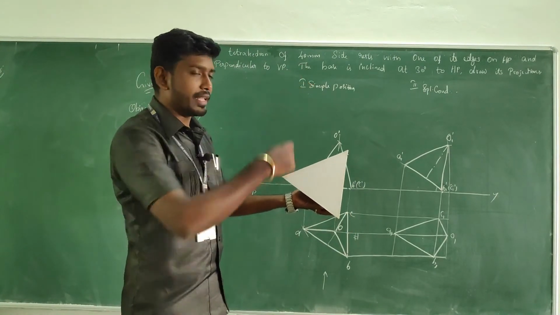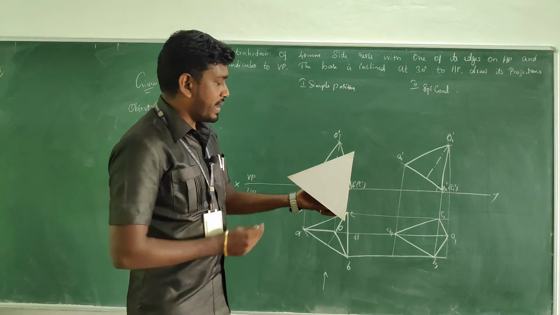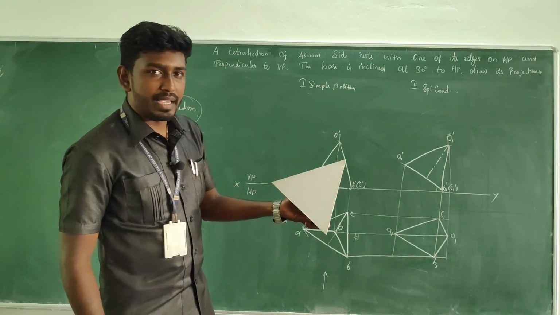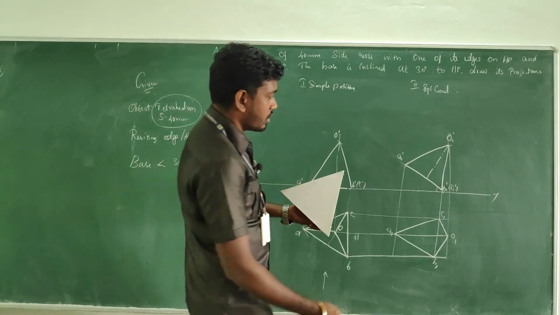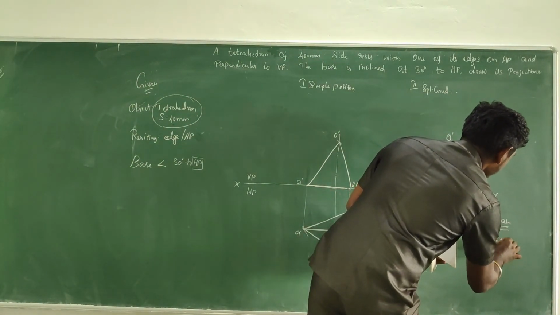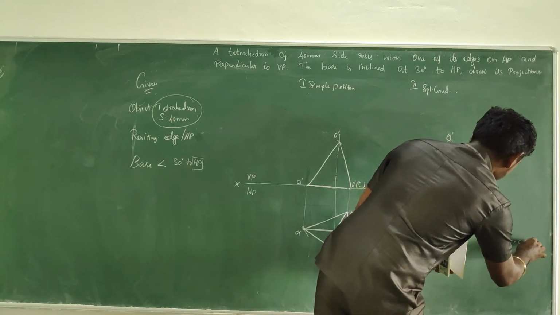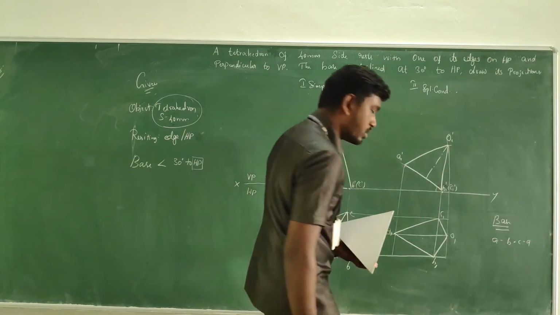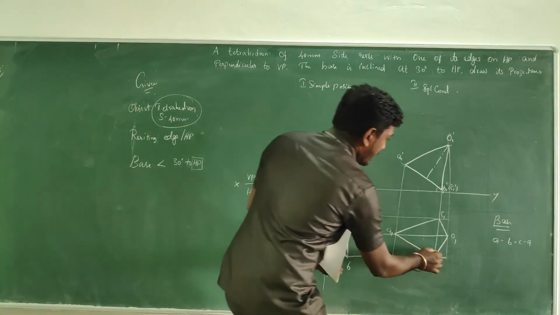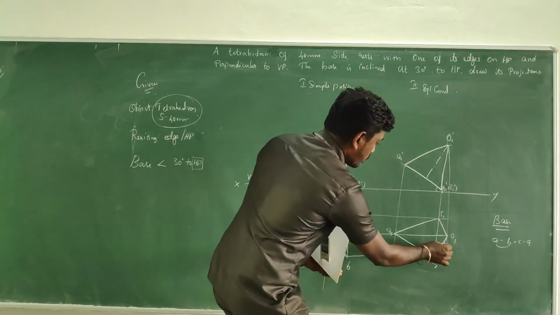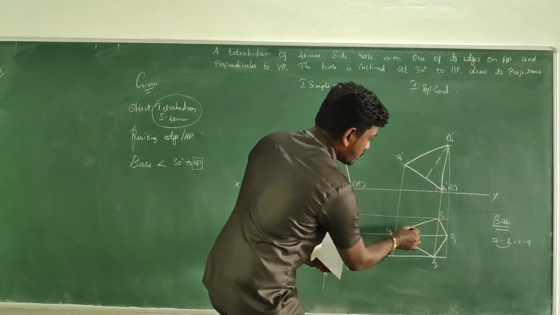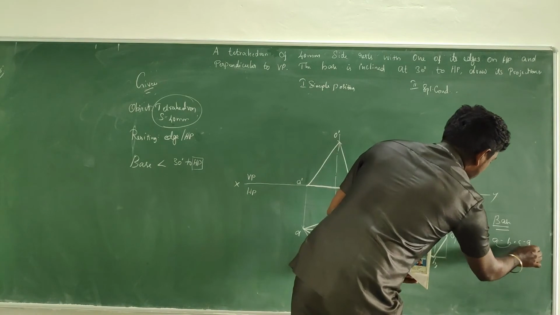When you are looking from the top, what about the base connections A, B and C? Here I have taken A to B, B to C and C to A. Am I right? Partially in the boundary, A to B we have connected, and B to C we didn't, and C to A we have connected.